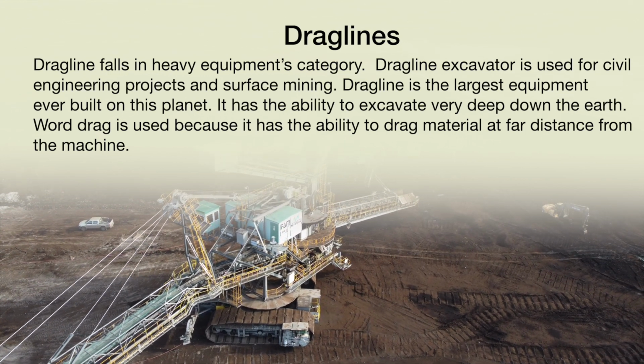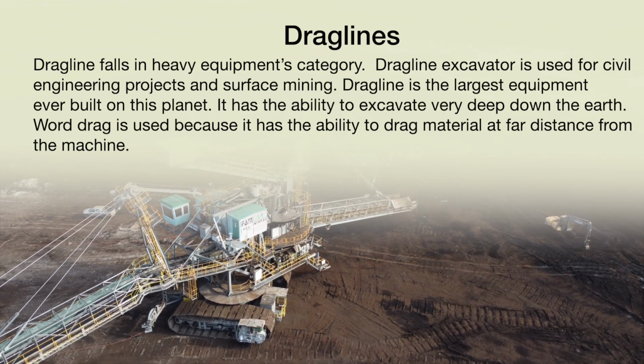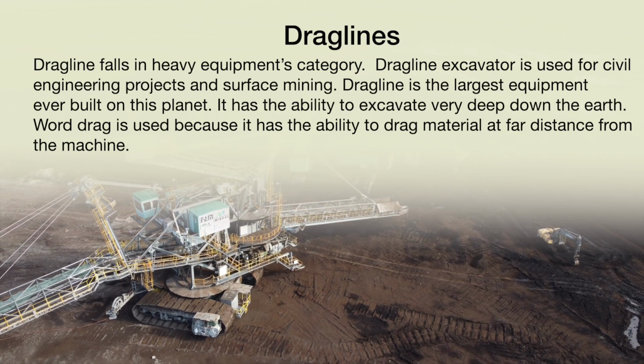Dragline is used because it has the ability to drag material from a far distance from the machine. Dragline consists of drag rope, large bucket, boom, hoist rope and driving motors.